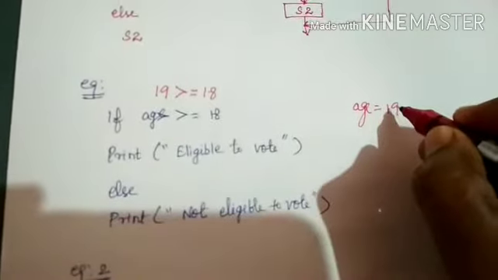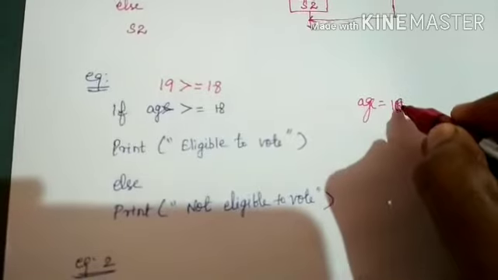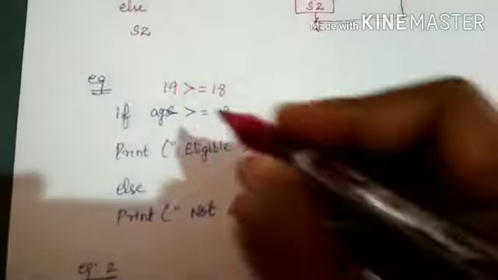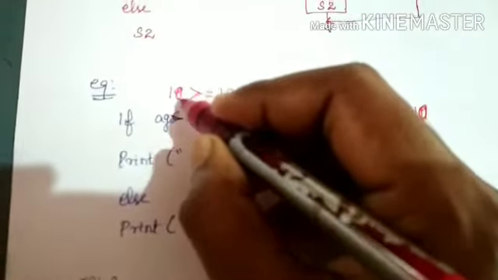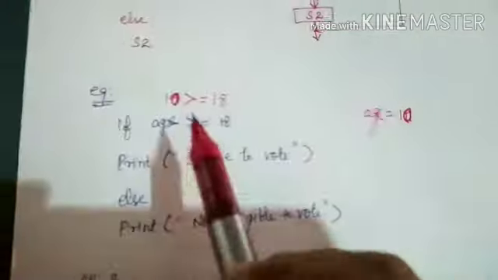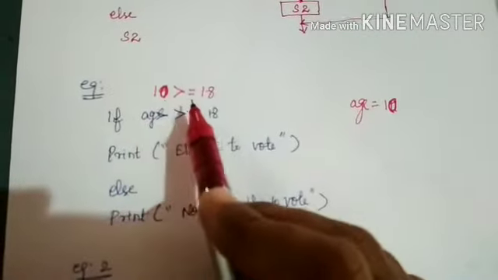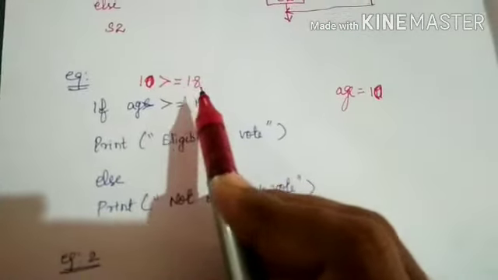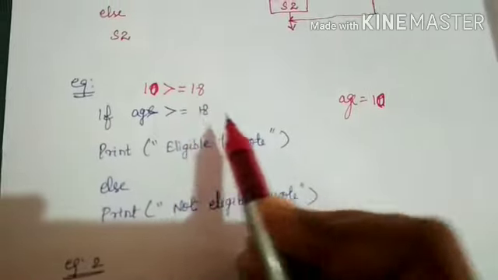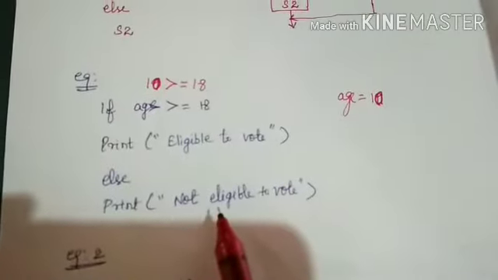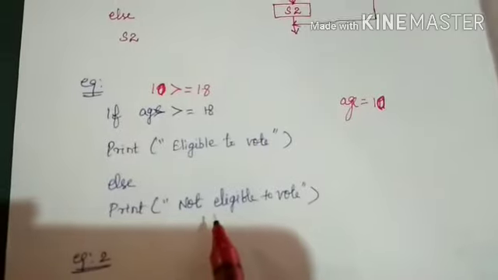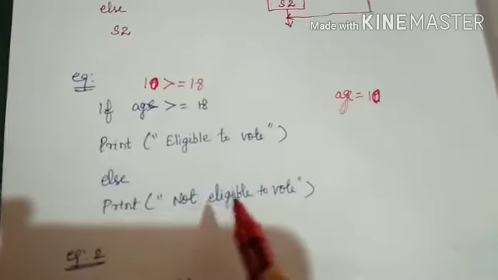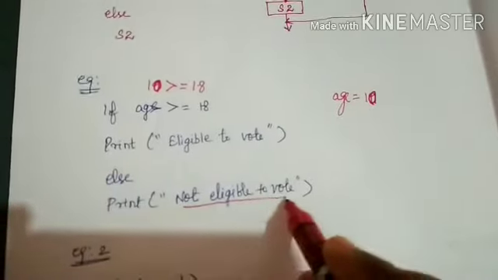Suppose age equal to 10. 10 greater than or equal to 18. Is the condition true or false? False. So the else part is executed. So the output is not eligible to vote.